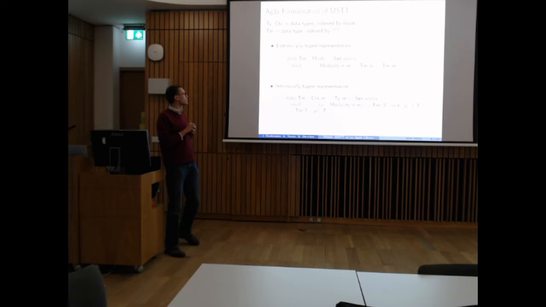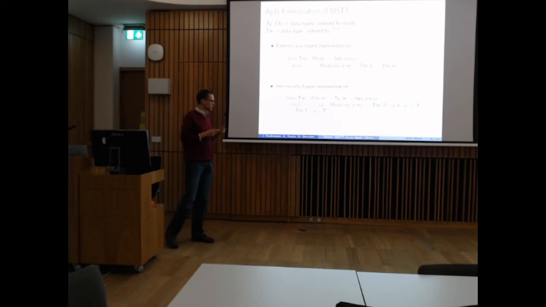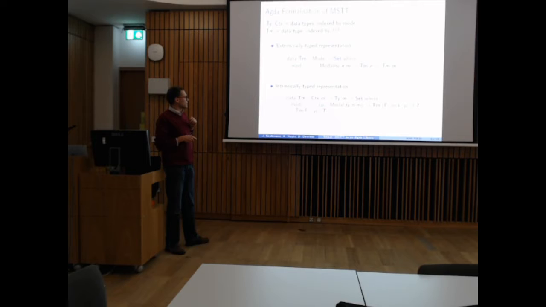But you could also go for an intrinsically typed representation where you basically encode the entire typing rule in the data type of terms, and where you index them by the context and the type. So there you would actually encode the typing rule that for a modality mu, you have to provide a term of type t in context gamma locked with mu, and you get a term in context gamma of type mu t.